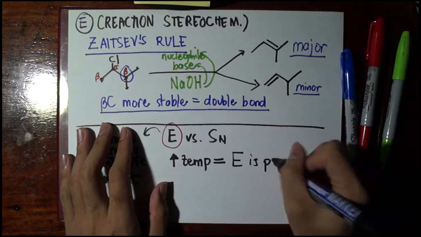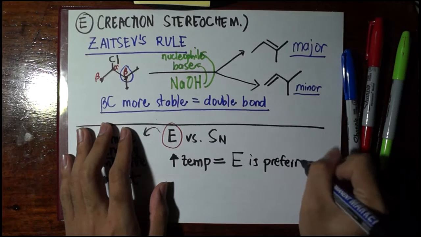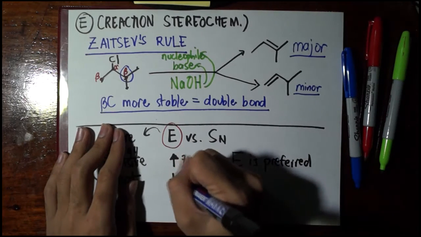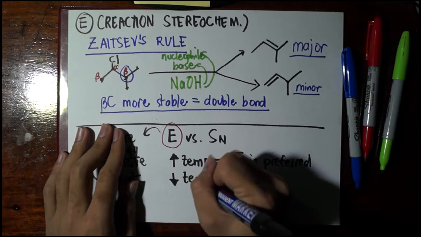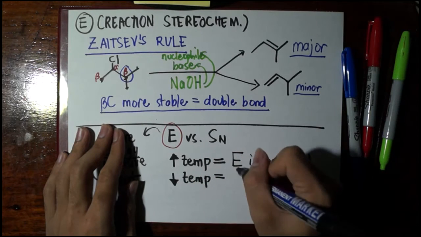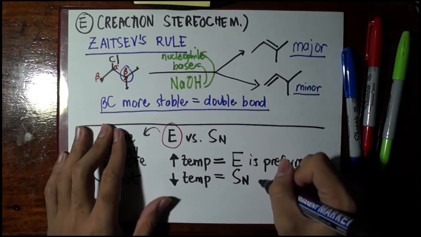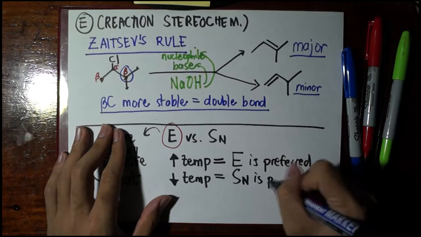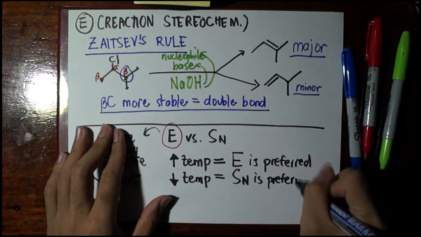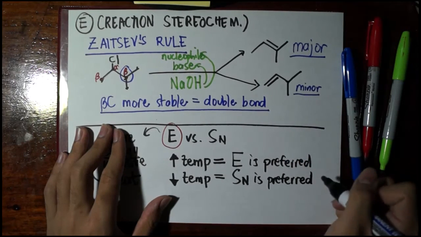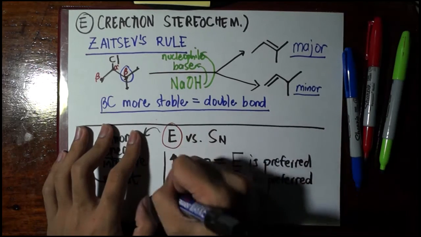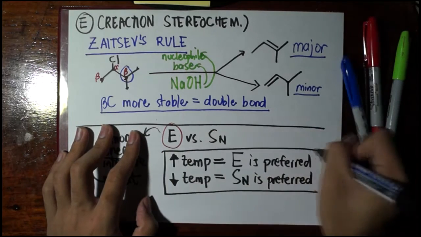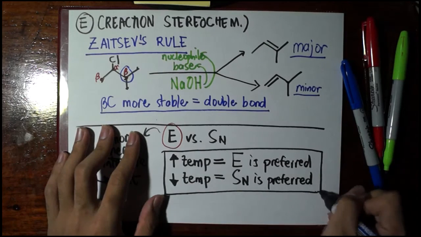So elimination is preferred. Whereas if the temperature is lower, elimination is less likely to happen, but nucleophilic substitution will stay and it will prevail as the major reaction. And basically that is the main condition being required. Alright.